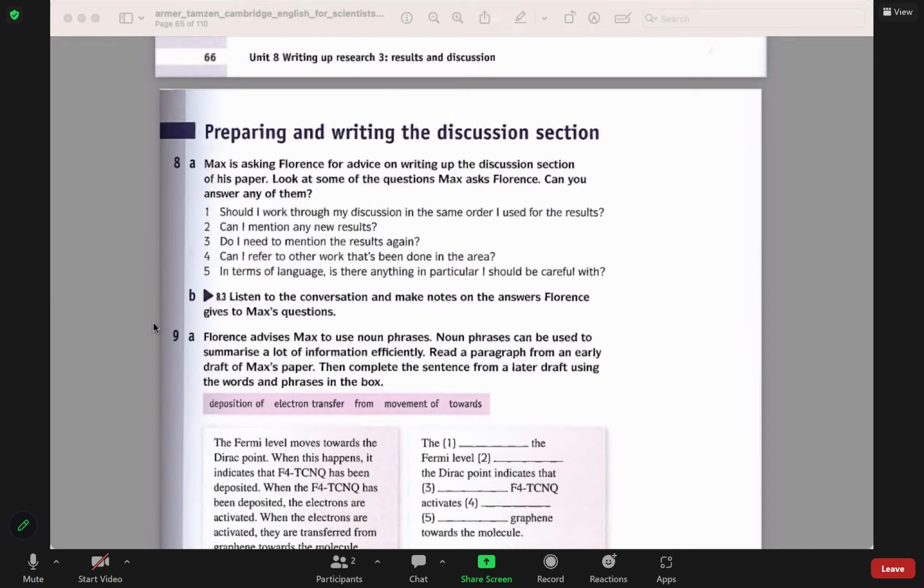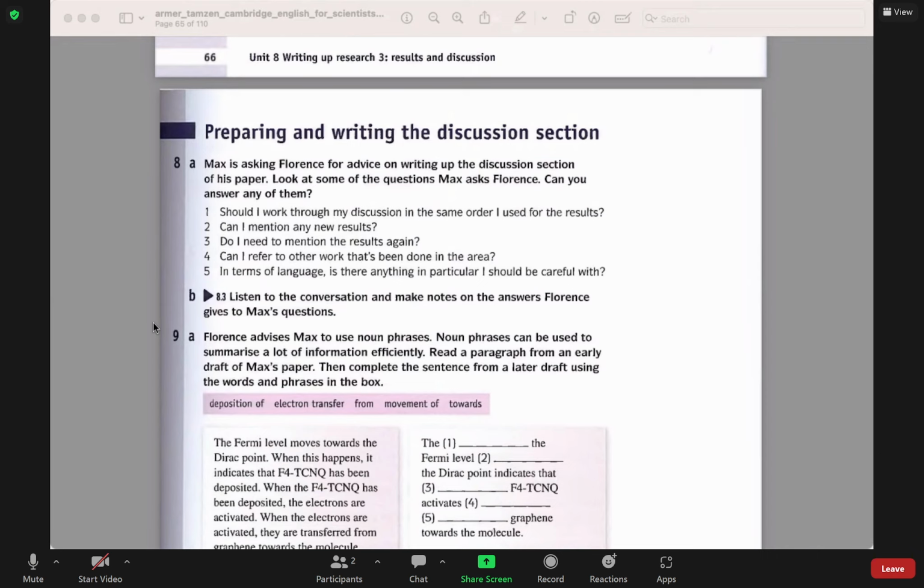If you have several results, you should present them in logical order, maybe in the order they were achieved. After that, interpret the same results in the discussion section. Do I need to mention the results again? I think yes, sometimes.